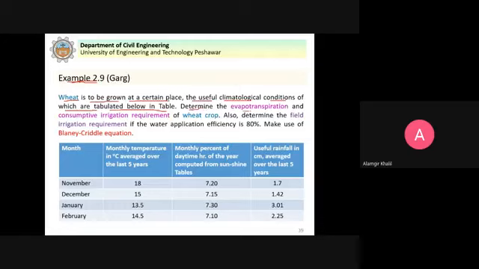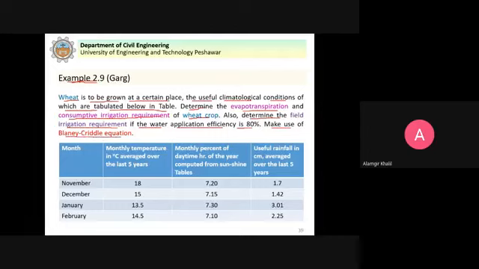Determine the evapotranspiration, that is consumptive use, and the consumptive irrigation requirement of the wheat crop. Also determine the field irrigation requirement if the water application efficiency is 80%. Make use of the Blaney-Criddle equation.